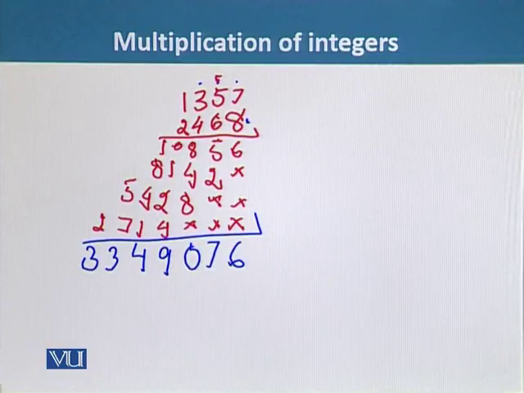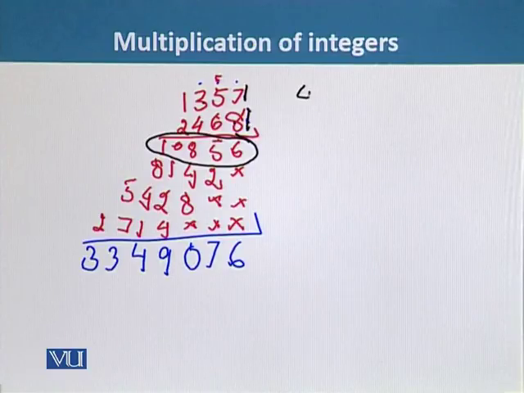So we can see that if we have 4 digits here and 4 digits here, then in the first step, if we see this figure, we have to perform 4 steps. We multiplied 8 with all of 1, 3, 5, 7. So these are 4 steps. In the next round we selected 6 and multiplied it with all of 1, 3, 5, 7.